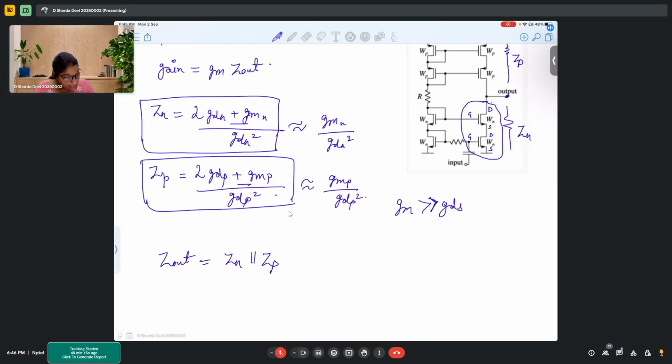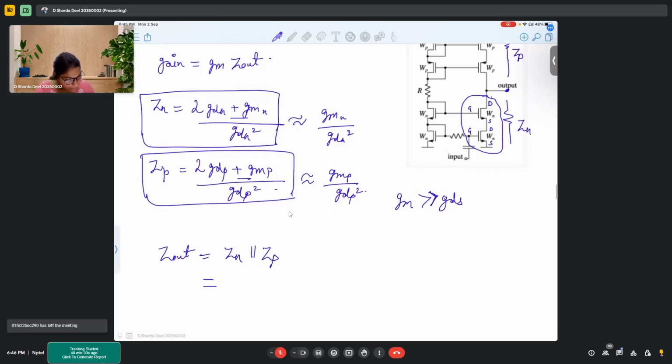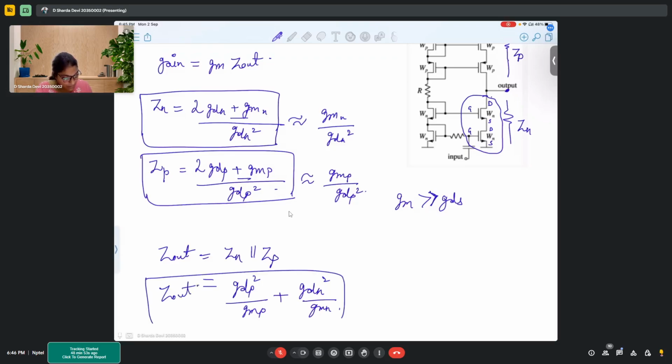So Zn is equal to Zp, and here the gain will become GDP square by GMP plus GDN square by GMN. This turns out to be Z out.